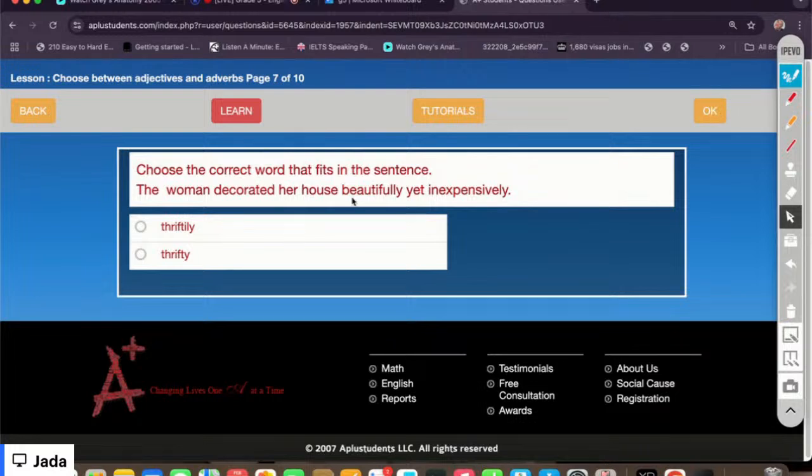The Dutch woman decorated her home beautifully yet inexpensively. So what is the right option? So what's the answer here?